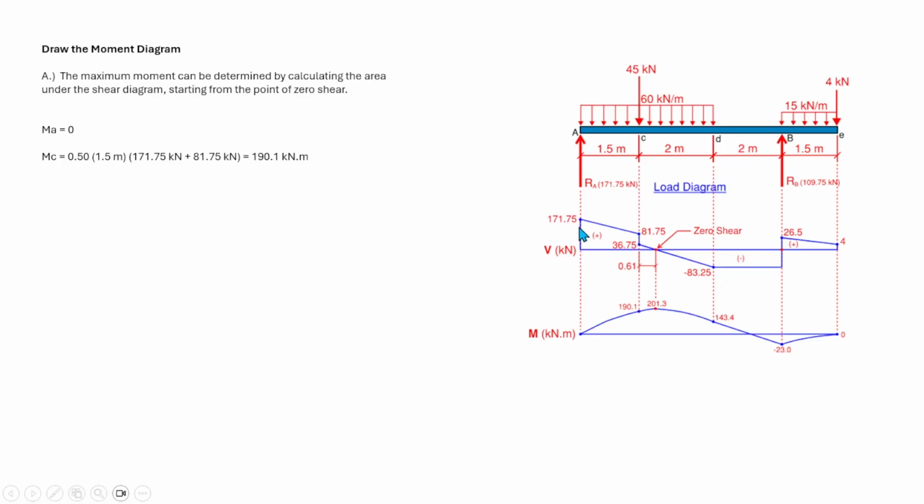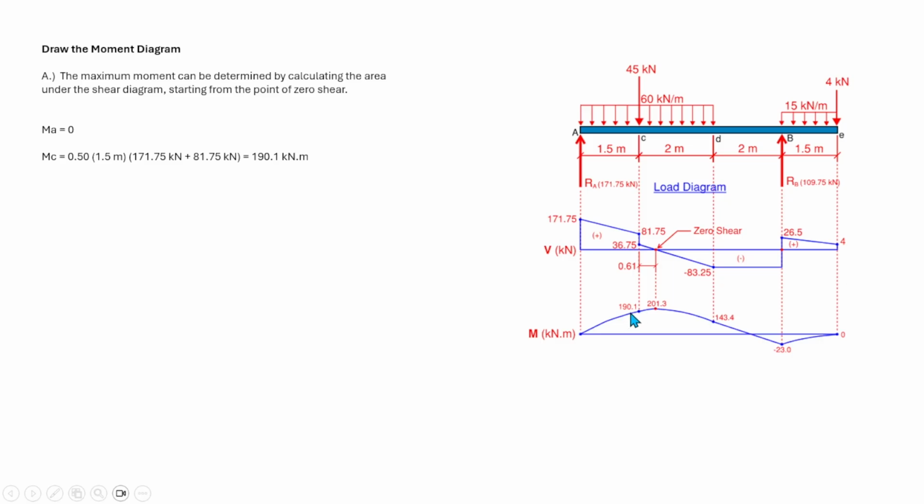In the shear diagram, we have a trapezoidal area, which is equal to 0.5 times the length, which is 1.5 meters, times the average of 171.75 and 81.75. So the area of the trapezoid is equal to 190.1 kilonewton meters.